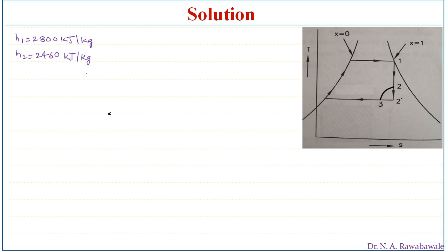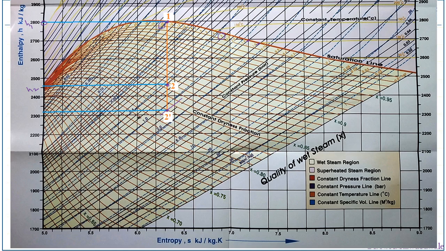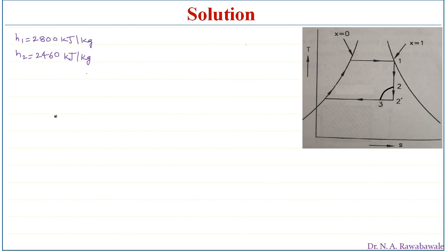Then the enthalpy at point 2 dash is approximately above this, so it will be H2 dash. So H2 dash is 2320 kilojoules per kg, the enthalpy of steam at point 2 dash.